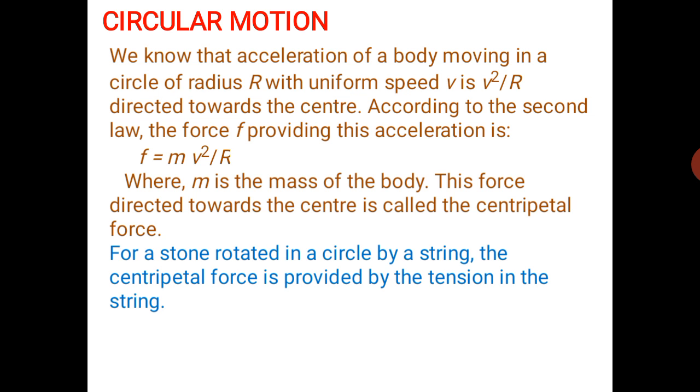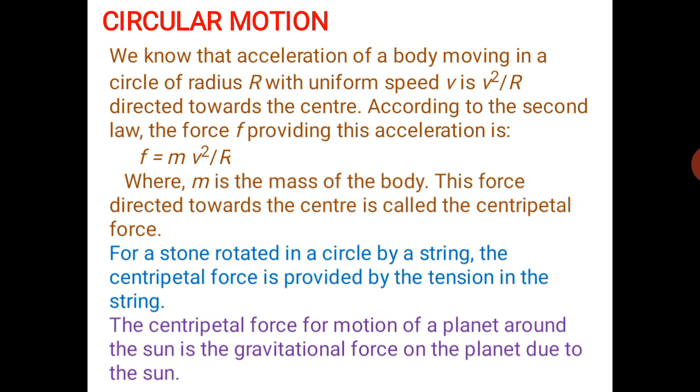For example, when a stone is rotated in a circle by a string, the centripetal force is provided by the tension in the string. Next, the centripetal force for the motion of a planet around the sun is the gravitational force on the planet due to the sun.